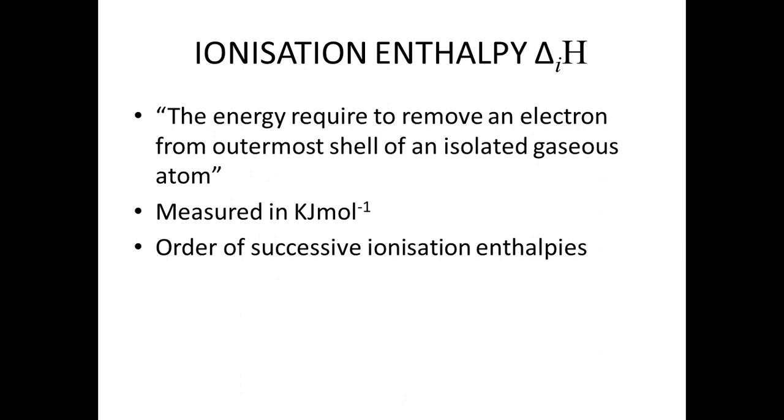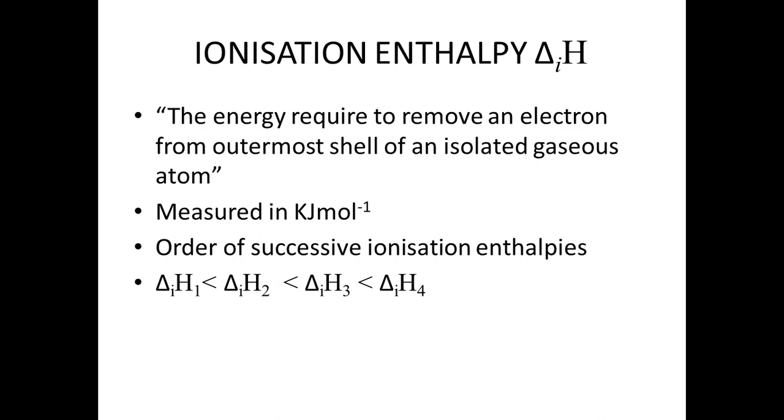There are three valence electrons present in aluminum, so we have to supply del H third also. So what would be the successive order of these ionization enthalpies? You can see here, as the number of valence electrons increases, ionization enthalpy will also increase. There is a minimum energy required to remove the first electron present in the outermost shell.